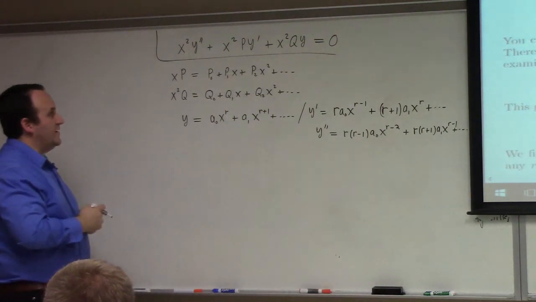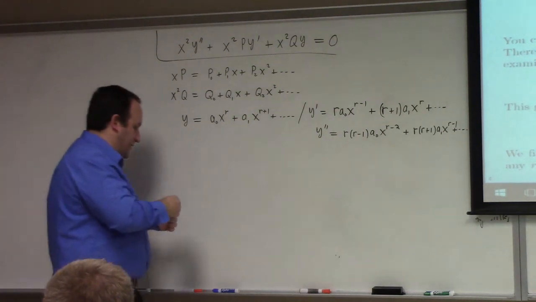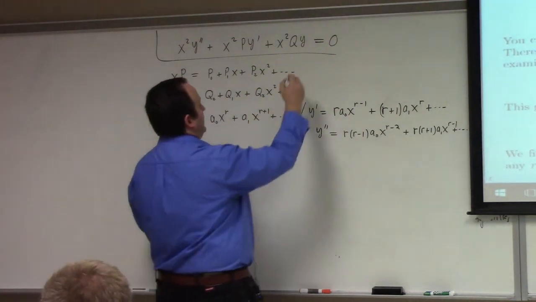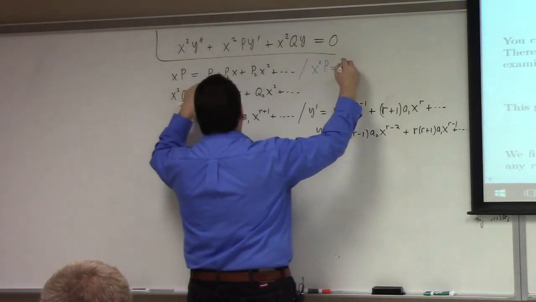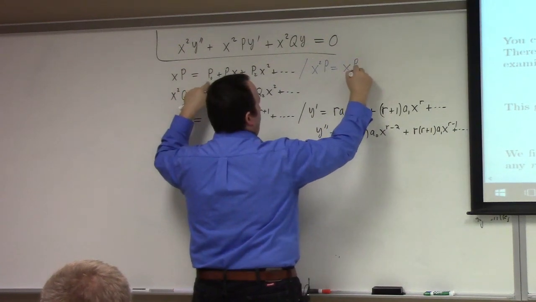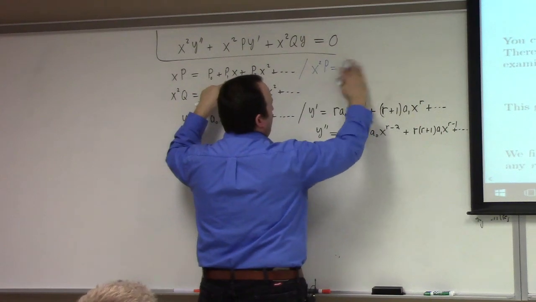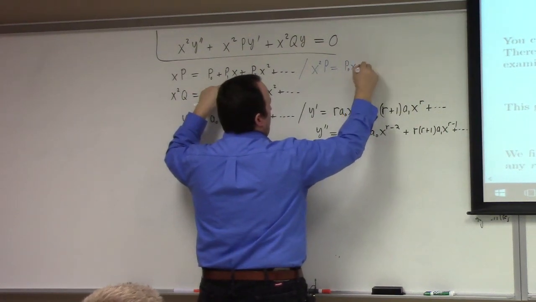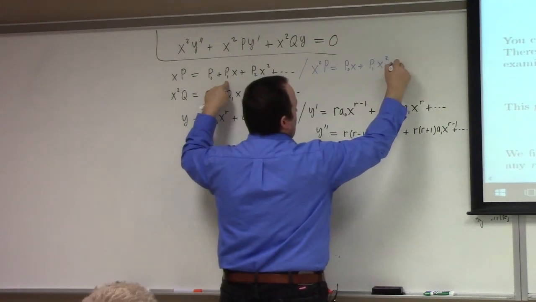Right, so there's your y prime prime. I should probably also write out what's x squared times p then. It would be p naught x, plus p1 x squared, and so forth.